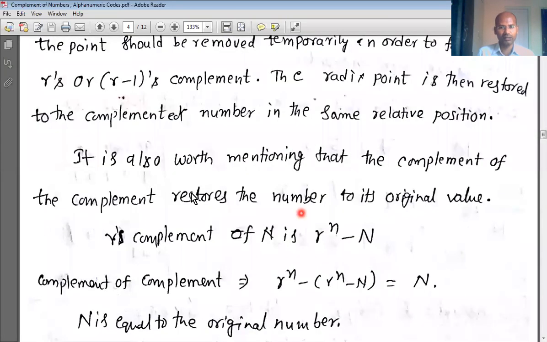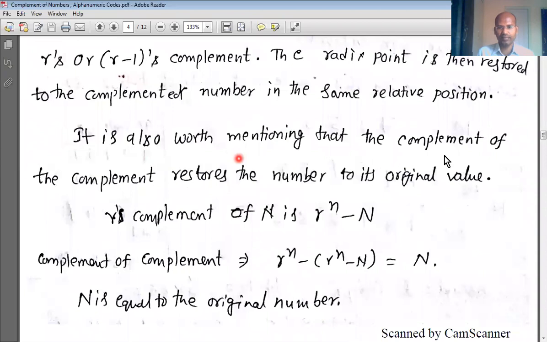Next, another note. It is also worth mentioning that the complement restores the number to its original value. Let's say the given number is capital N. If you are using r's complement, what is the r's complement of capital N? In the capital N there are small n digits.